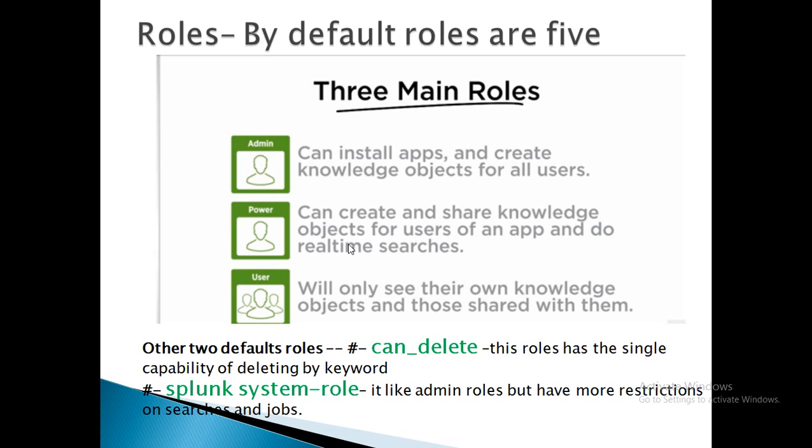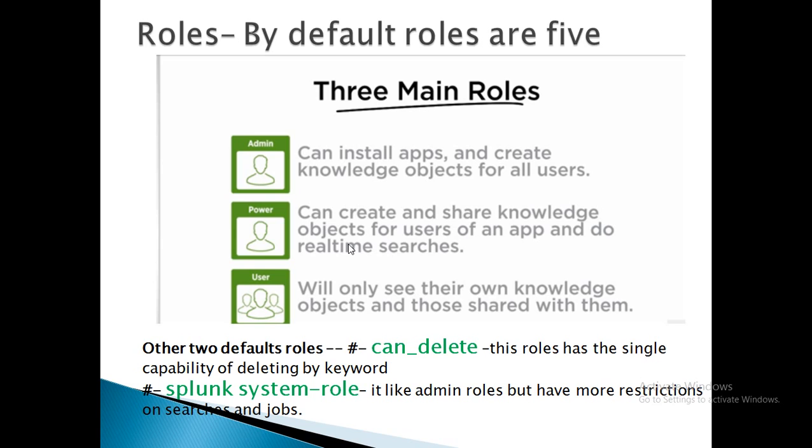A user has the very least capabilities. It allows only their own knowledge objects, and if admin or power user shares some application or knowledge object, then the user can also see that. These are the three main roles. Other than these, two roles are also defined in Splunk: can_delete and Splunk system roles.